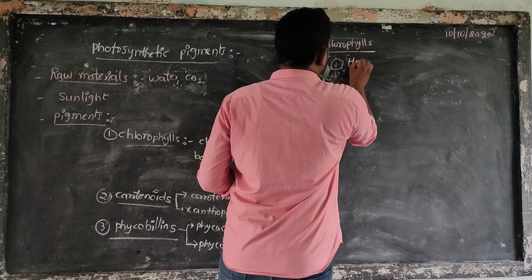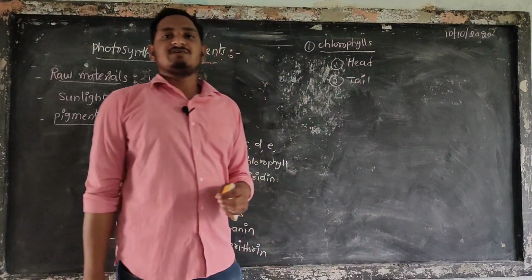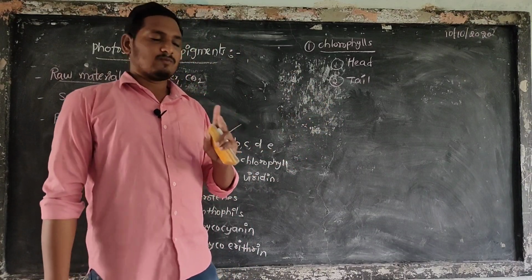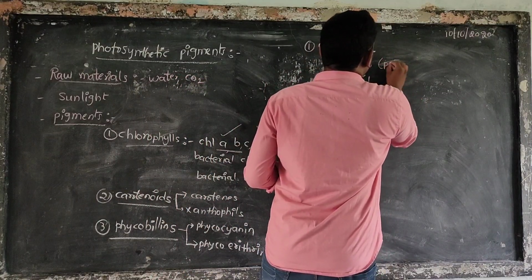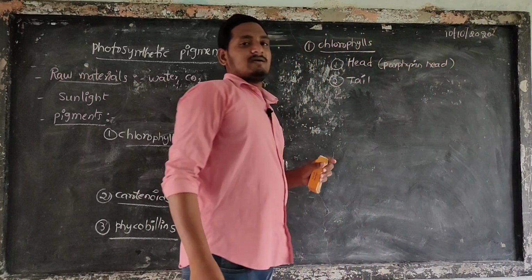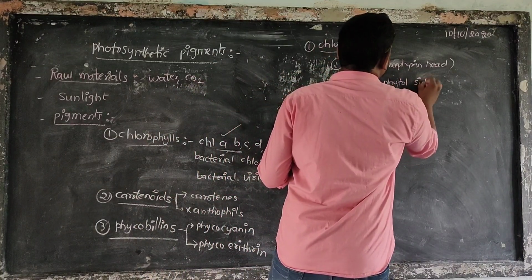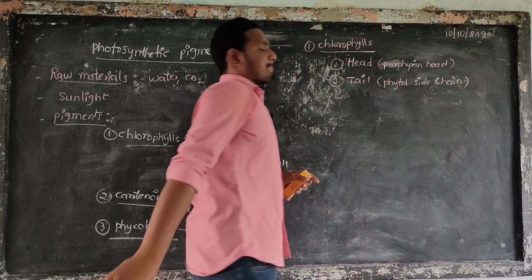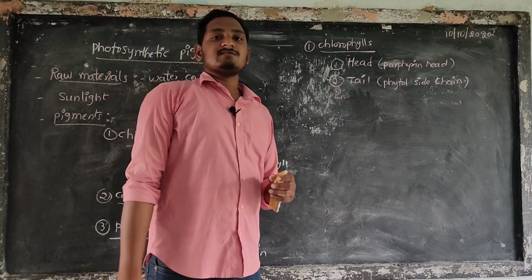The head part is the porphyrin head, and the tail is the phytol side chain.